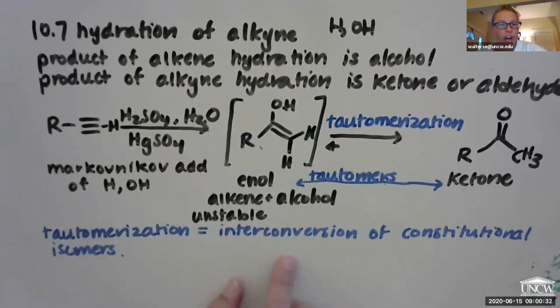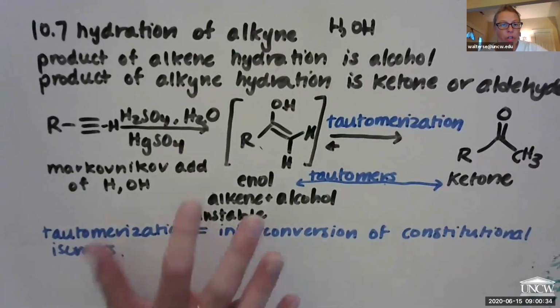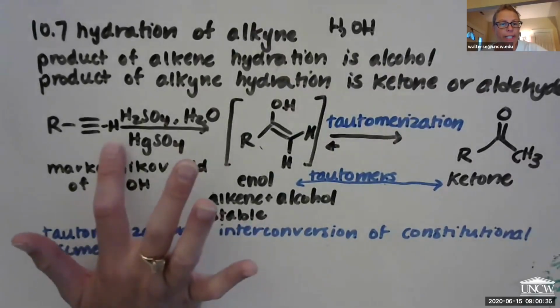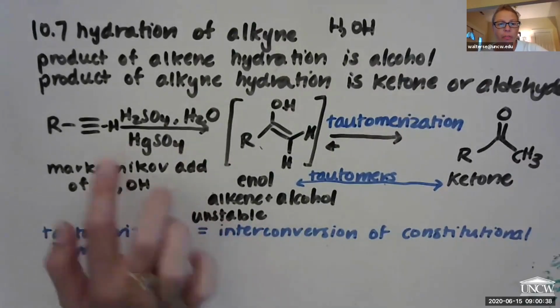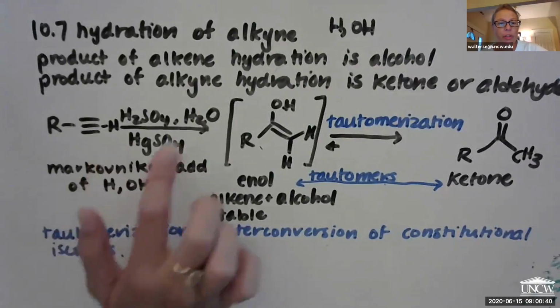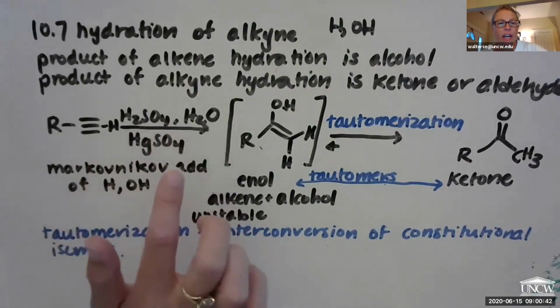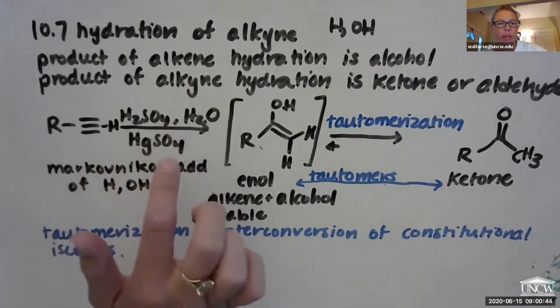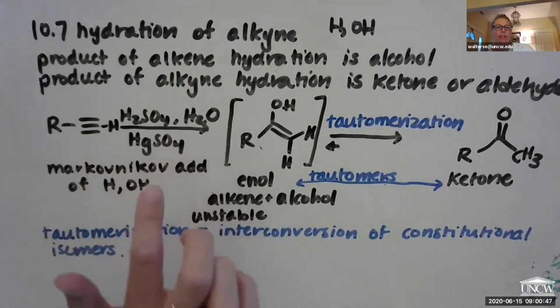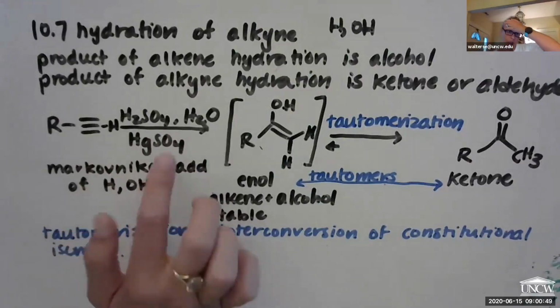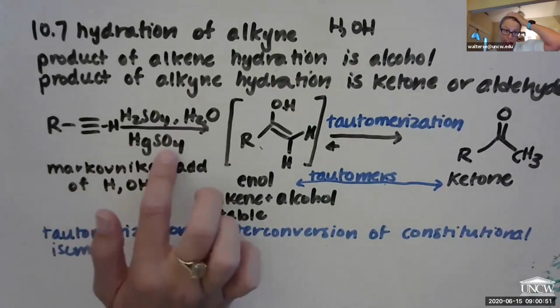Markovnikov addition of water to the terminal alkyne. The first part of it, like I said, you use an acid reaction, which is similar to the way that the alkene reaction works, only with an alkyne you need this mercury sulfate salt.